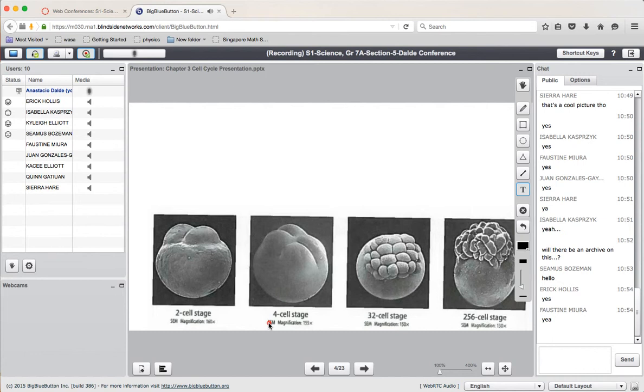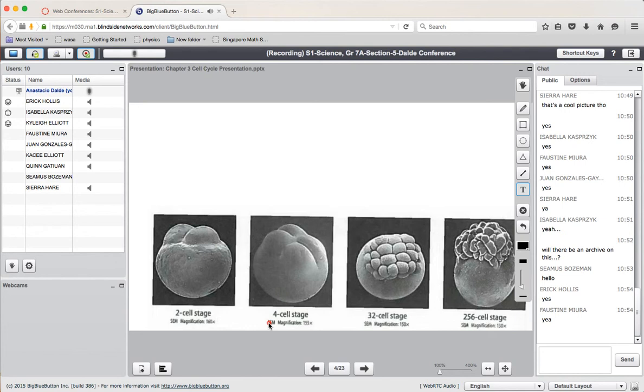All right. First thing I want to talk about real quick is how long does the cycle take? Well, it really depends on what type of cell you're talking about. For example, a lot of the eukaryotic cells can take as short as 8 minutes to go through this full cycle. It could take as long as a full year.